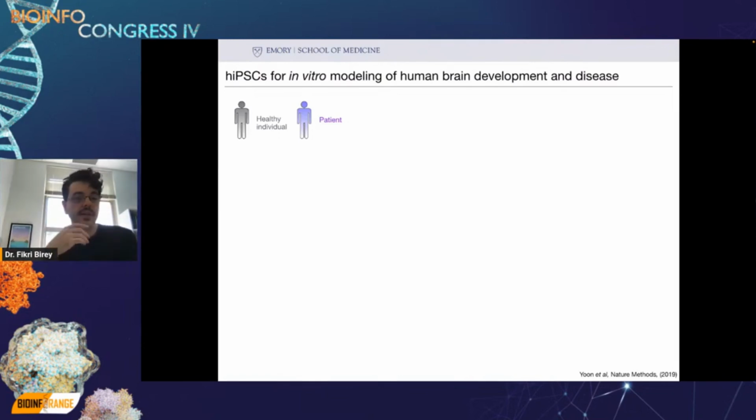The starting material for these models that we have developed are called human-induced pluripotent stem cells, or what I'm going to be referring to as hiPSCs. These are pluripotent stem cells. And what I mean by pluripotent stem cells is that these are cells that can really differentiate into any kind of cells found in your body.